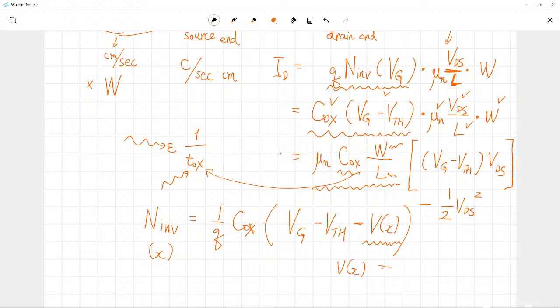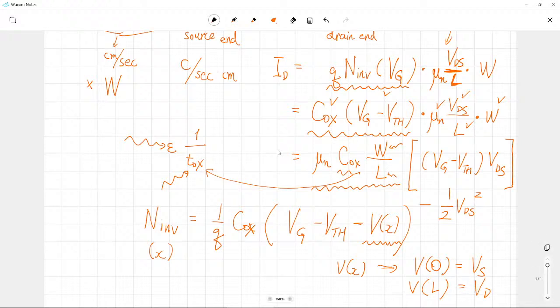So what is Vx? V of x. This has Vs when the position is the source end, and if we have the drain end, then this becomes just Vd.